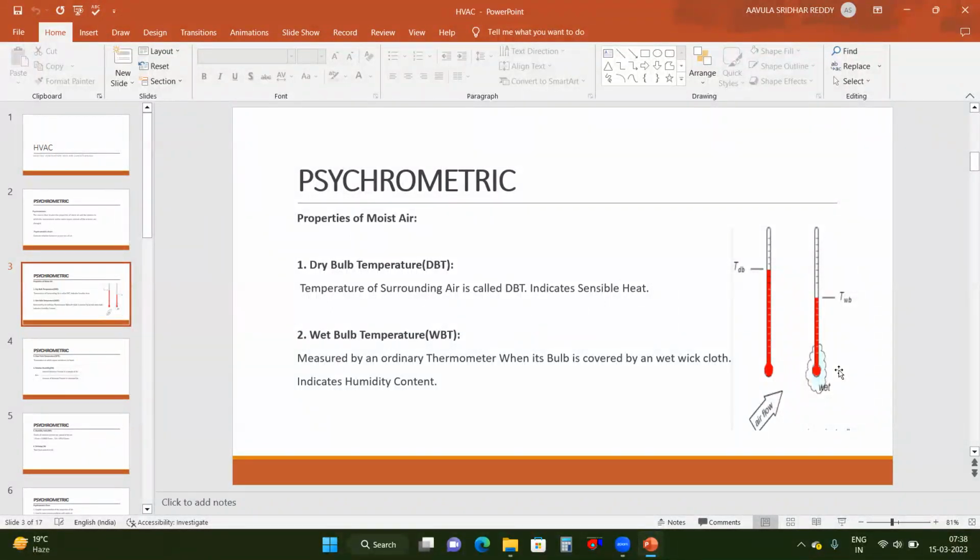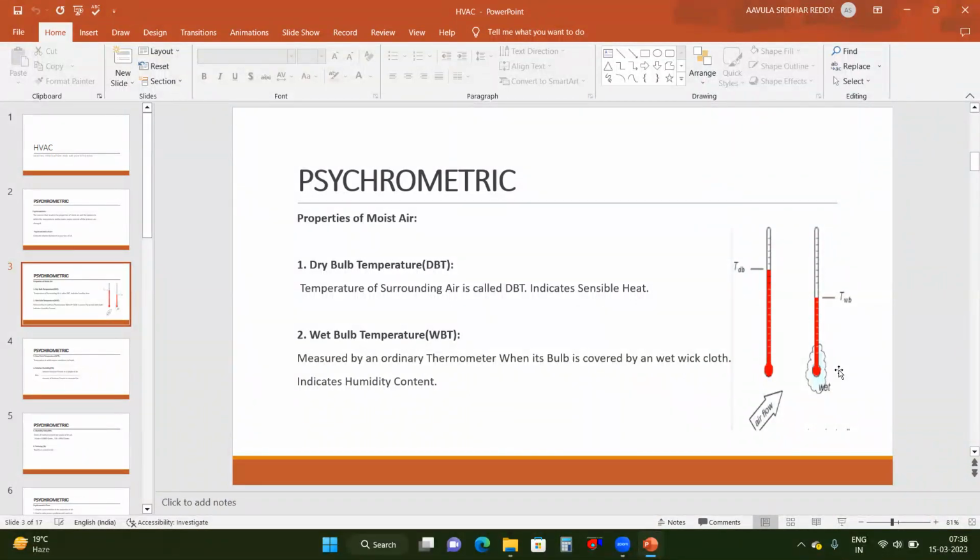Why are we covering it with a wet cloth and measuring the temperature? When we wet the cloth and measure the temperature, we get the wet bulb temperature. Wet bulb indicates how fast the evaporation is happening. We know that air contains some moisture.